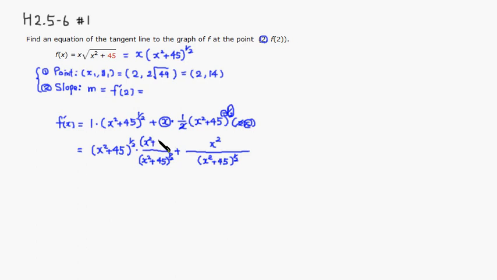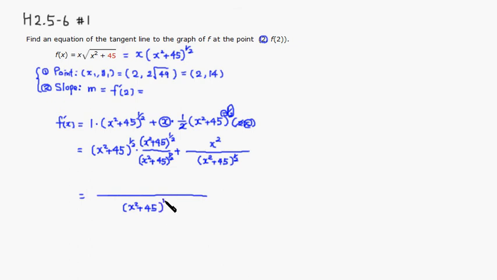This way we have the common denominator, so we can put them as a single fraction.